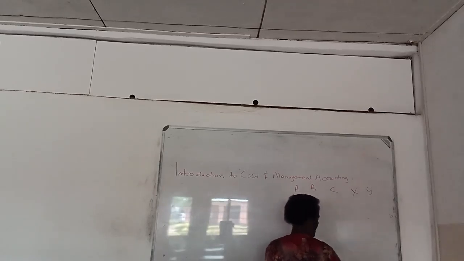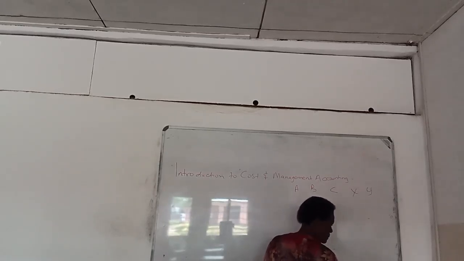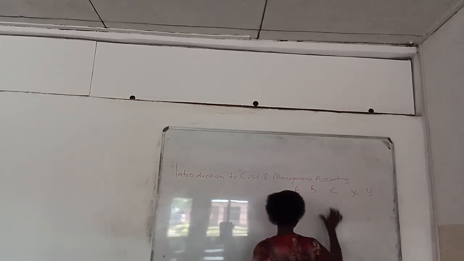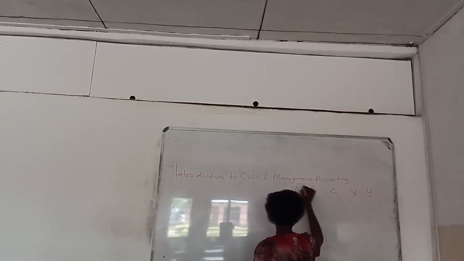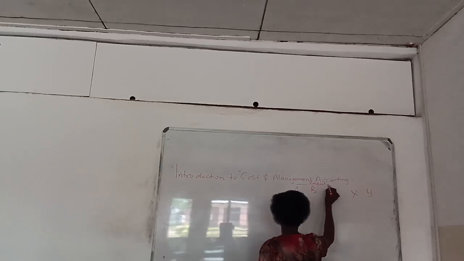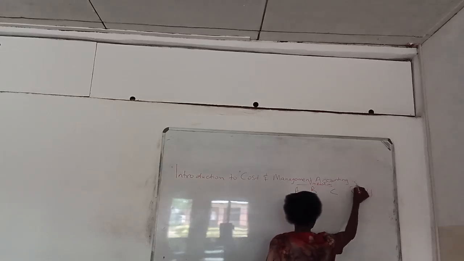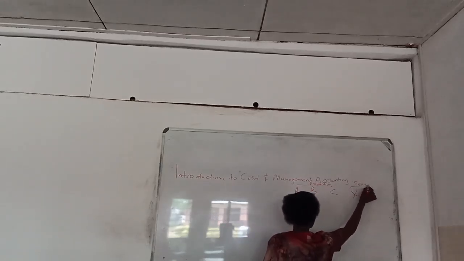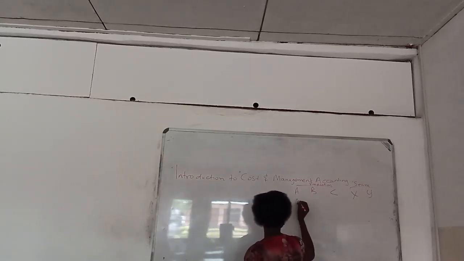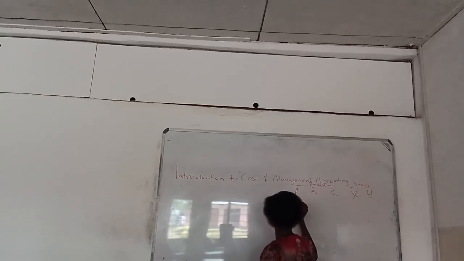X and Y, we were saying what are they? Department cost centers, okay? While these three are production, these are service centers. So we are saying A is how much? 40.